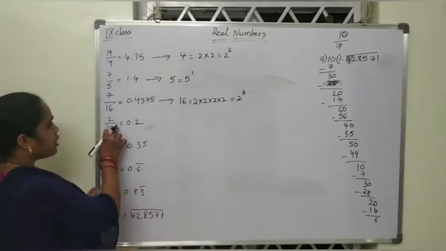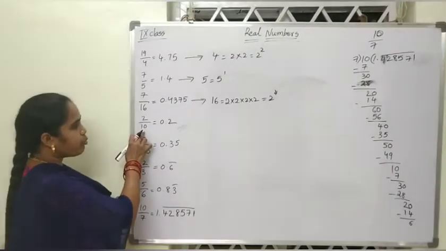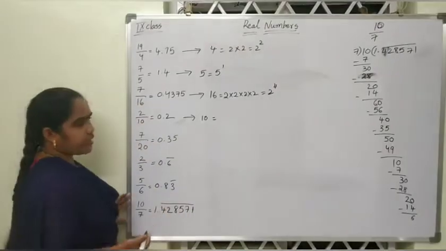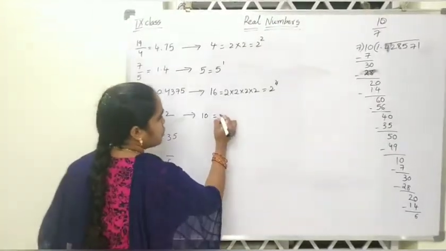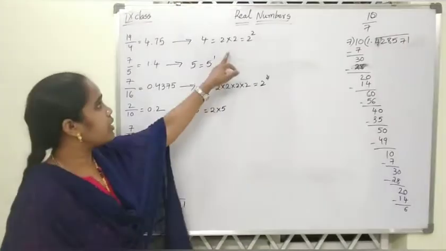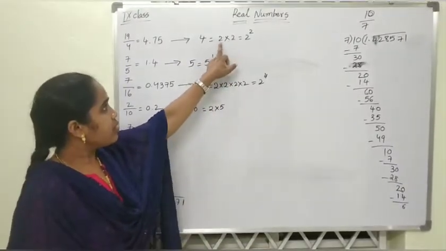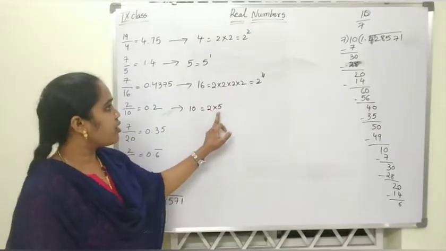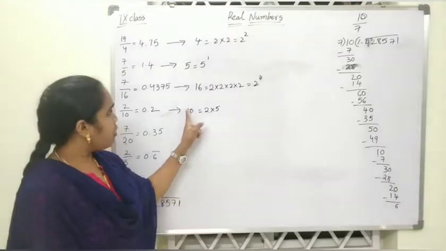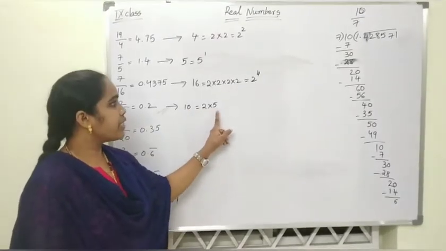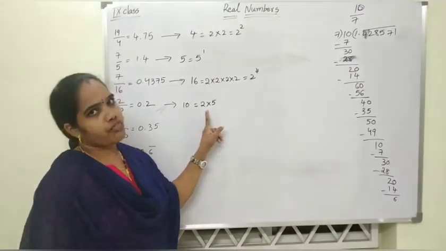Now come to this denominator, 10. We express it as 2 into 5. Only prime numbers I am writing. Observe clearly: 2 is a prime number, 5 is a prime number. Whatever denominators we take, we have to write them as a product of primes.